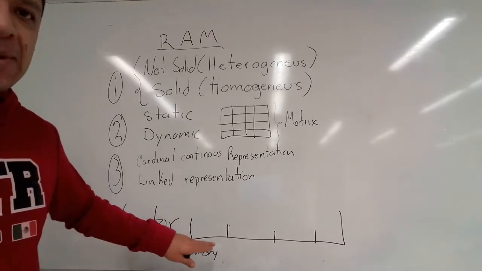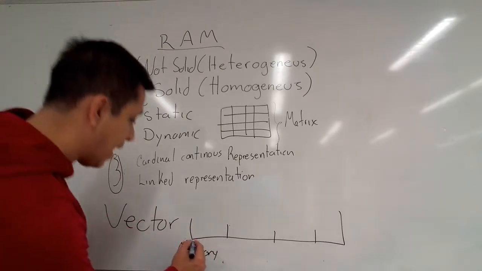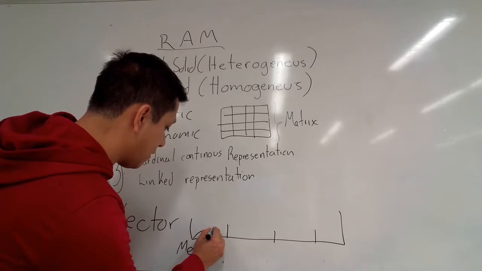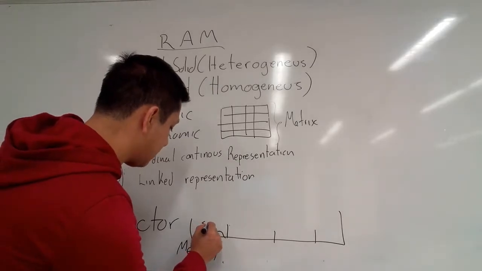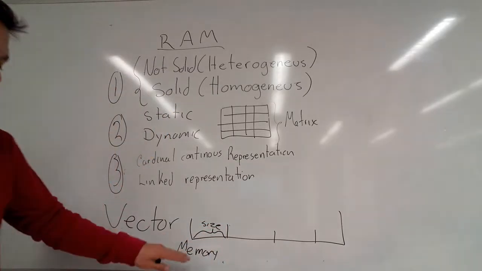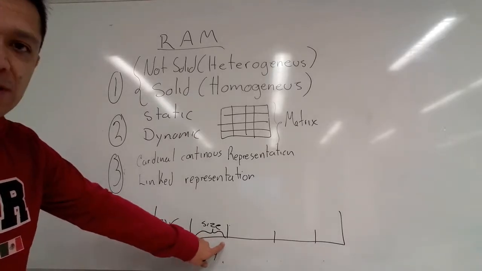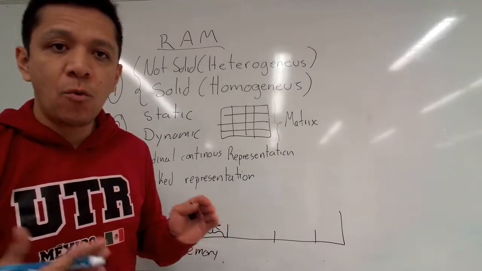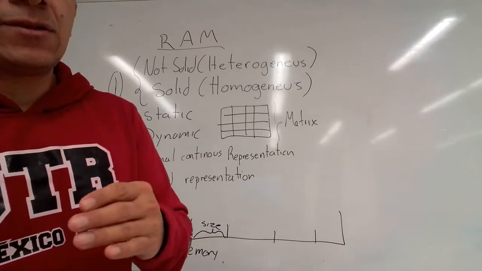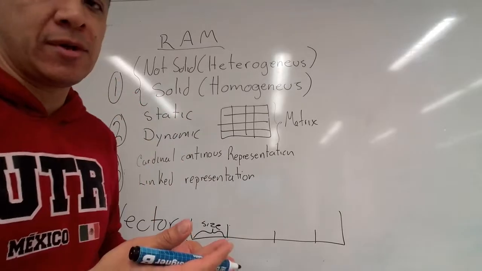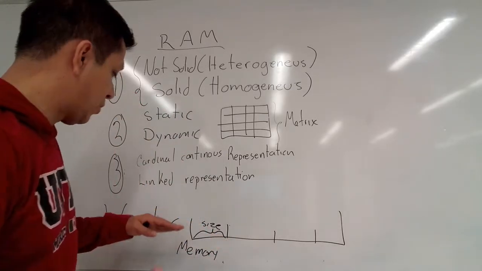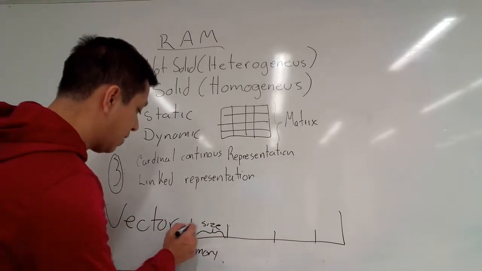This piece of memory will have one size. Memory occupies one space that has one size, and we must give the vector one name.